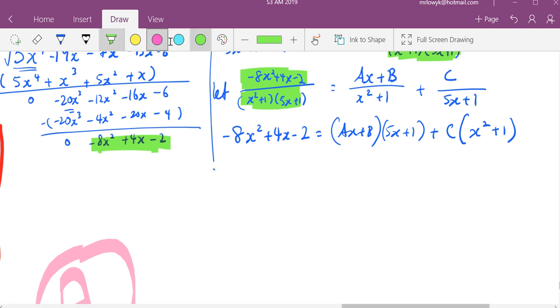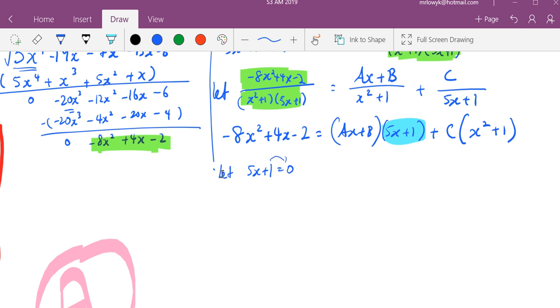So I say that x will be equals to, how to make it zero? Very simple. I will just let 5x plus 1 be 0. Then do the necessary movement. You will get negative 1 over 5.